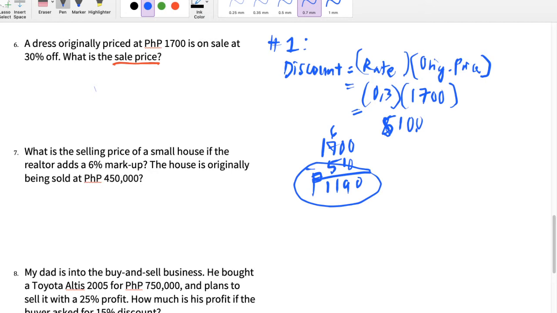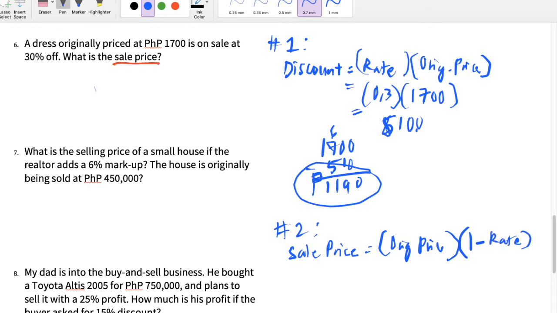Alright? So, a shorter way or a parang mas straightforward na way would be by getting the sale price using this formula. So, sale price would be equal to the original price times 1 minus yung rate natin, which is 0.3 in this case.